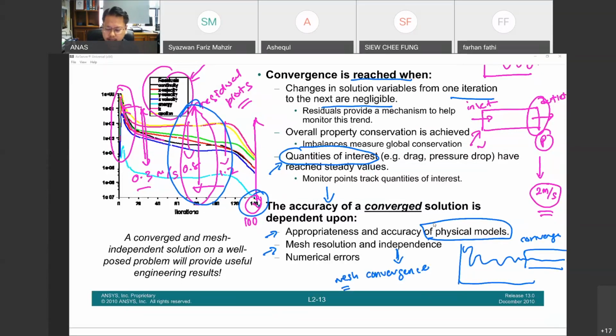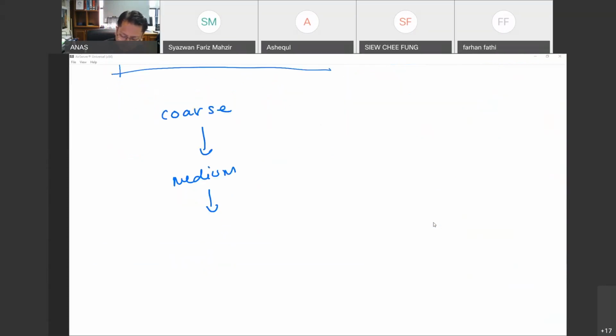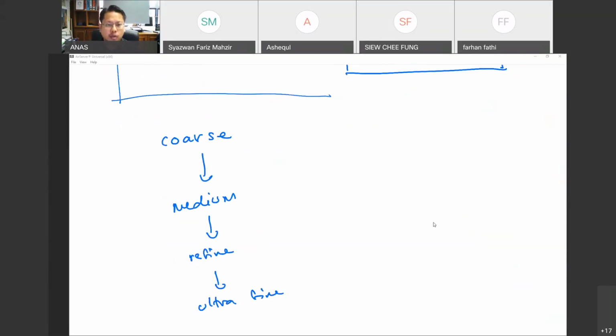What is meant here is that you try several mesh values, starting from coarse, medium, or maybe another step, before refine, ultra fine. You can try 4 or 5 mesh settings, localized or global, to check how they influence the output. This is what we call the mesh convergence study. Okay, so for example, I will give you some example.